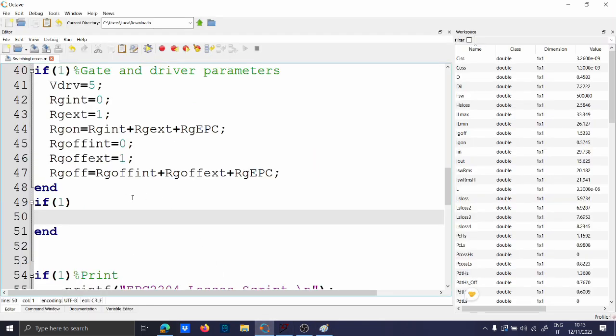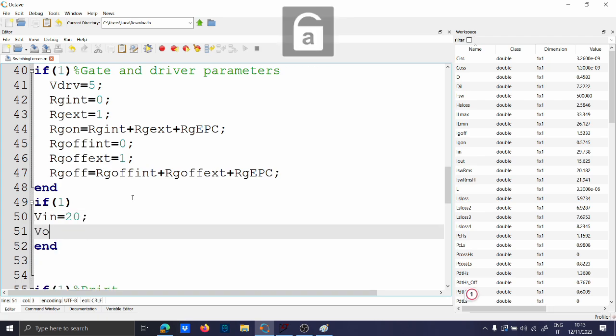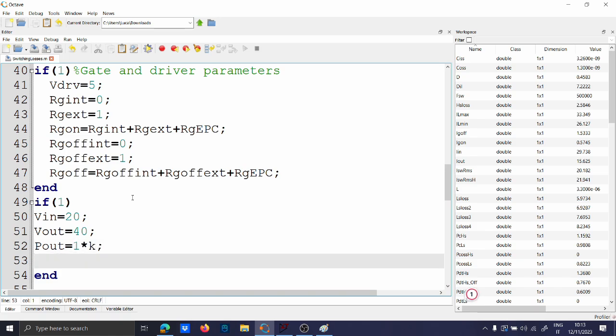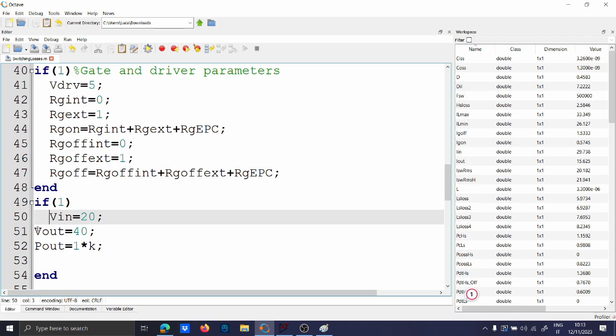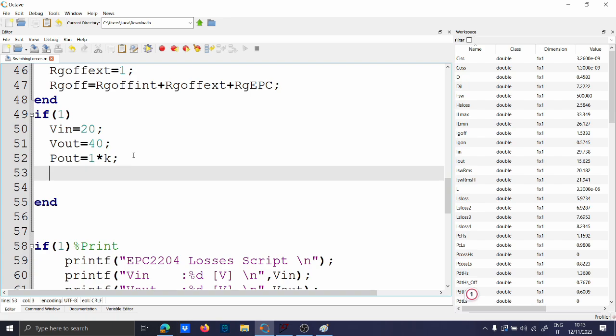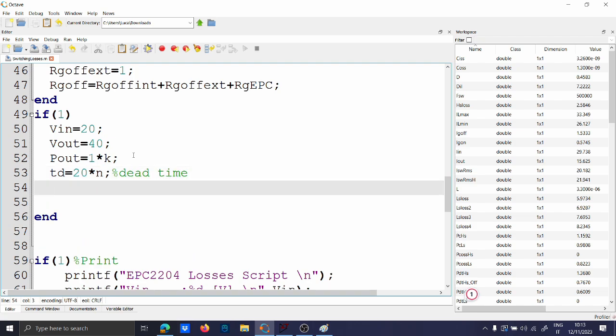So let me use V in equal to 20, then V out equal to 40. The duty cycle, and the power output which I want is 1 kilowatt. So 1 times k. Okay, let me put it like this, because it is better. The dead time is TD equal to 20 nano, so 20 nano of dead time.